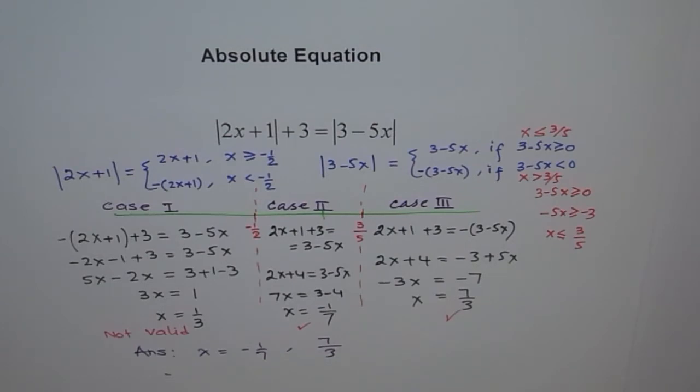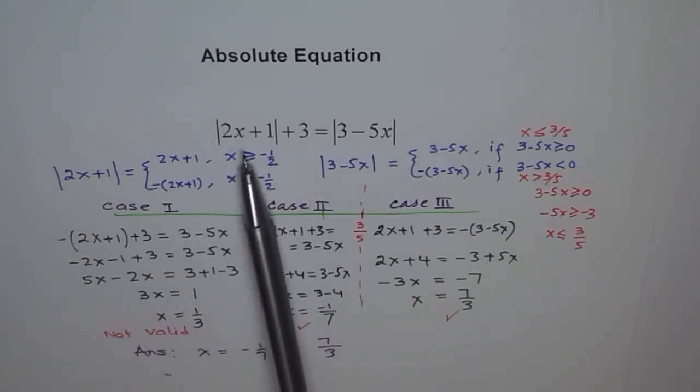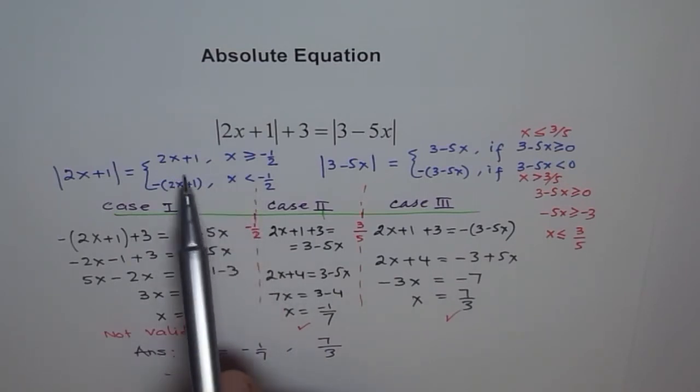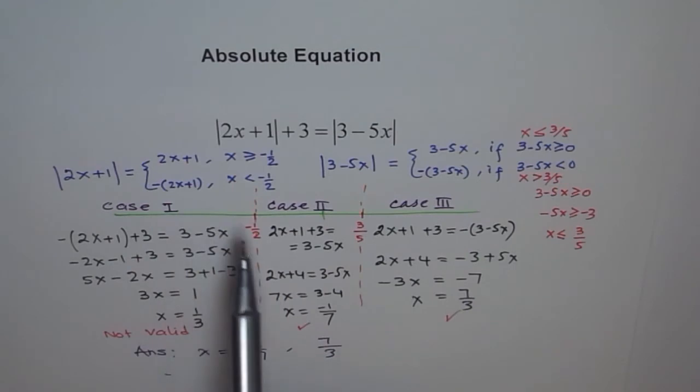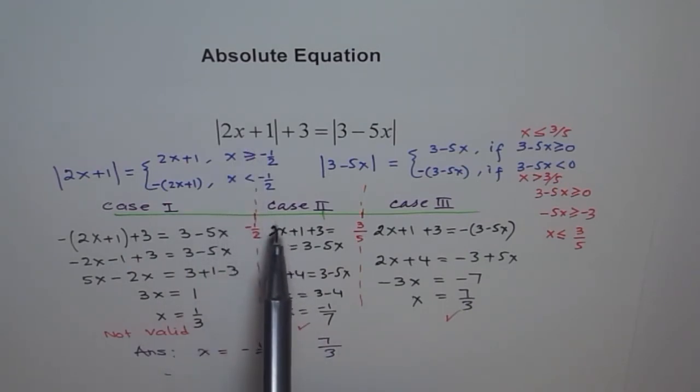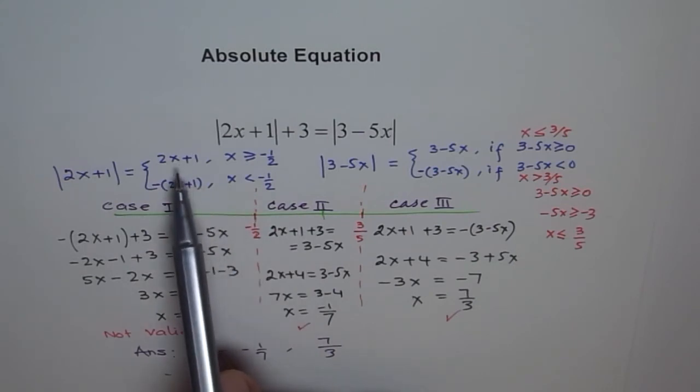Okay, I hope you understand here that when we have this kind of situation, we could have a number of cases to solve because the piecewise function is defined as a combination of two. So wherever it is 0, on the right side it is taken as a positive value, and on the left side we have to take its negative value.